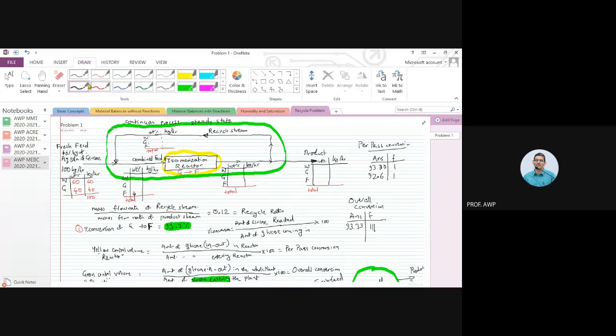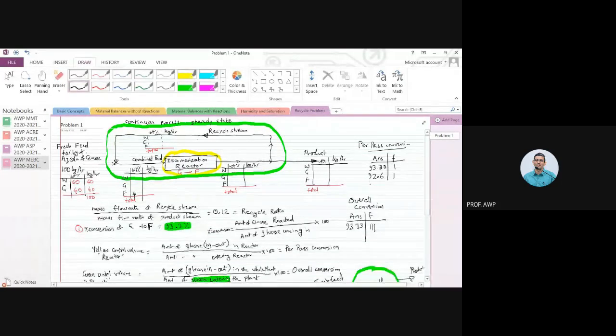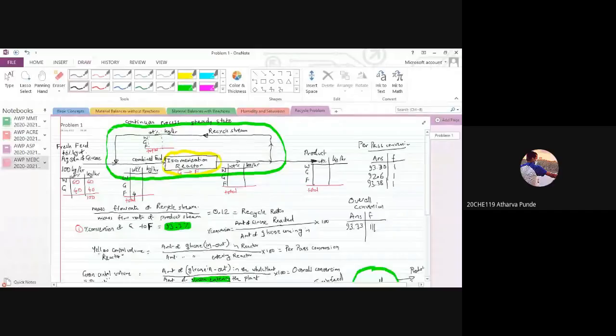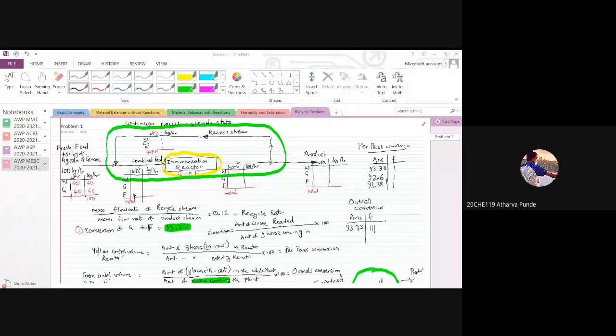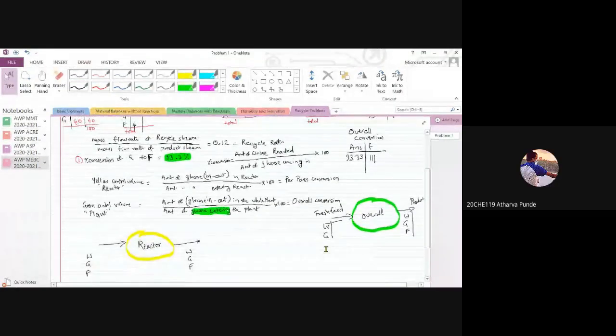I will show both ways, one without variables and one where we take a variable for the recycle stream. Sir, 93.38. Is that per pass or overall? Per pass, sir. Per pass is 93.38. Okay, and overall? Calculating. Atharva, you are clear about what is meant by per pass and what is meant by overall, right? Yes, sir.